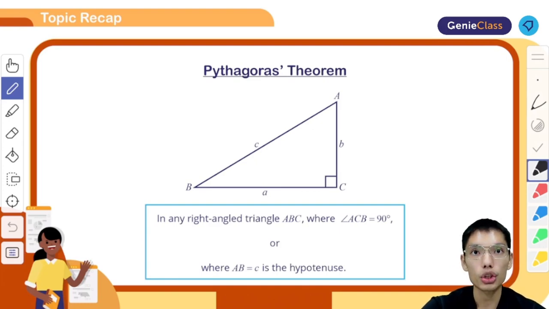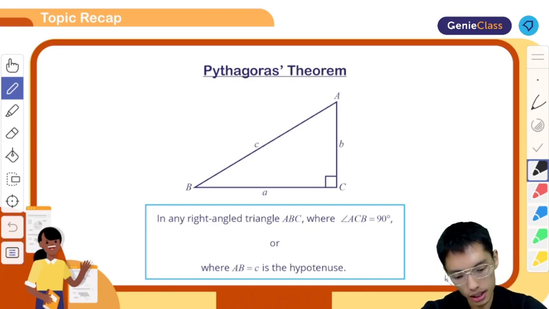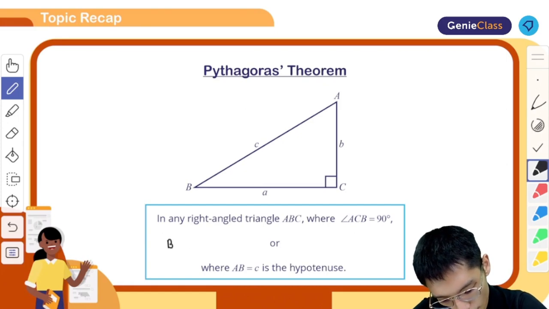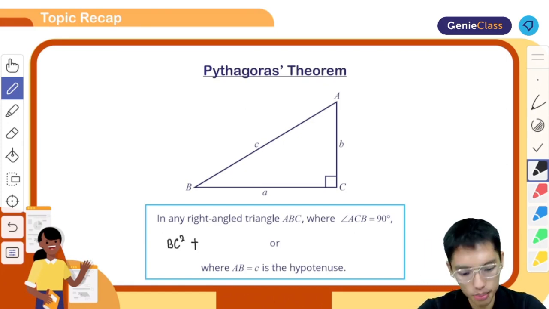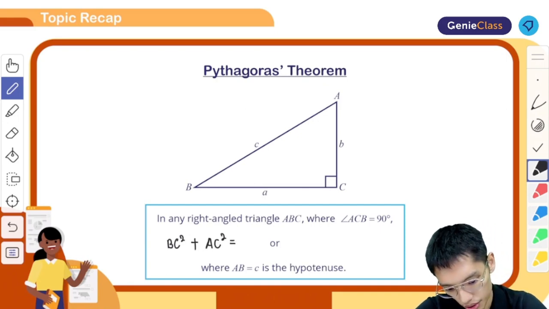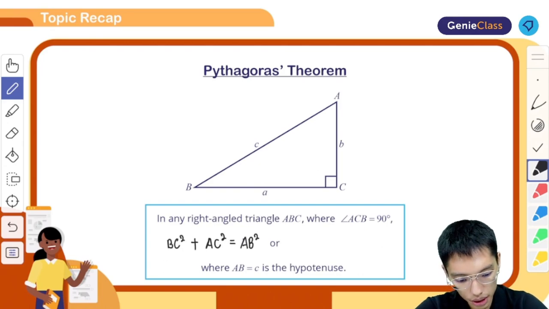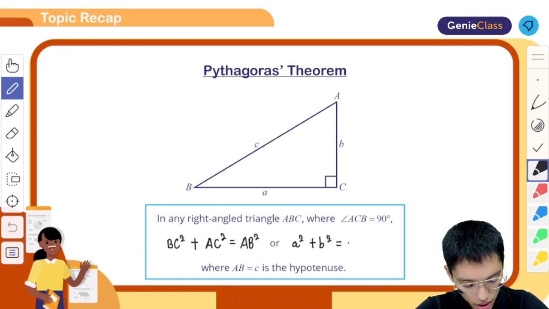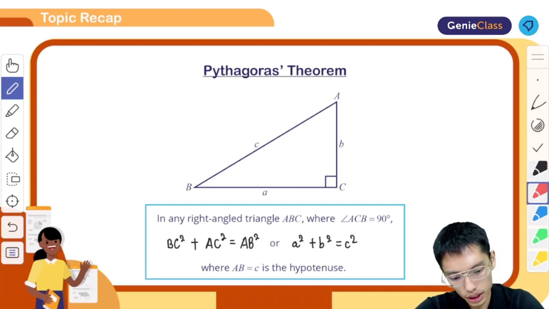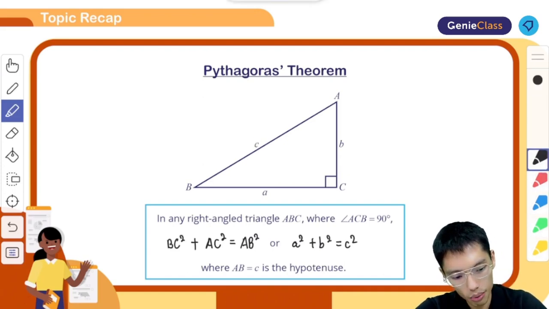So what happens over here, first up, Pythagoras theorem. Just remember your two sides that form the right angle, and then you add the squares of them. So in this case, BC squared plus AC squared is equal to, in this case, AB squared. Or in fact, your very famous a squared plus b squared equals c squared, where we take note that c is the hypotenuse that we are forming.